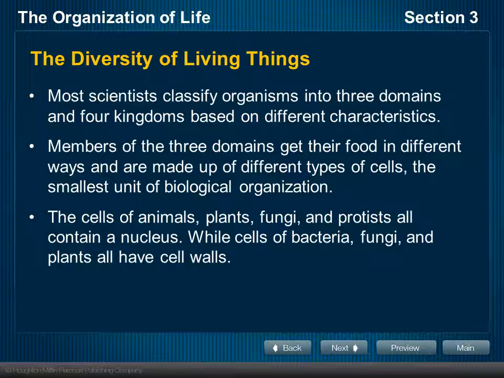They all contain a nucleus, which makes them different from bacteria. Other types of fungi and plants have cell walls. So we're looking at the presence or absence of nuclei, and the presence or absence of cell walls. That's generally what we're looking at in how we classify or categorize living cells.